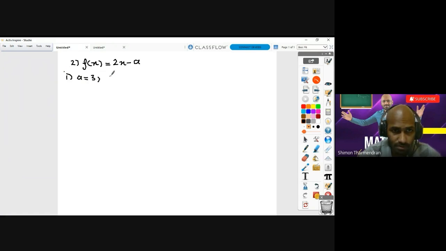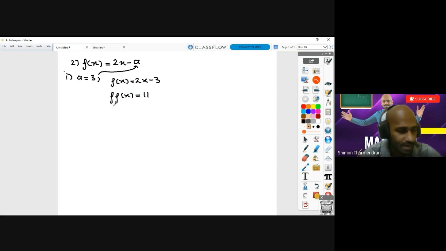So what we got to do here is we just take this a equals 3 and put it into the original question. So that gives us f of x equals 2x minus 3. And then they say the composite function, ff(x) equals 11.